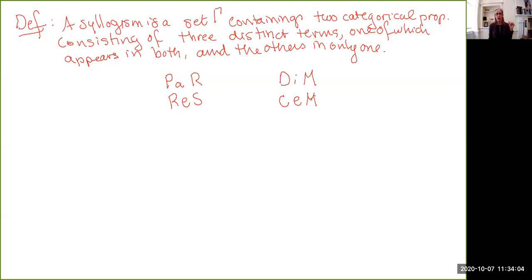Now, this is not the standard definition of syllogism. Standardly, in contemporary modern logic textbooks, you would find a definition like this that also requires something like this, where the proposition below the line is the conclusion of the argument. We define a syllogism just to be the pair of premises because this is actually closer to what Aristotle does.